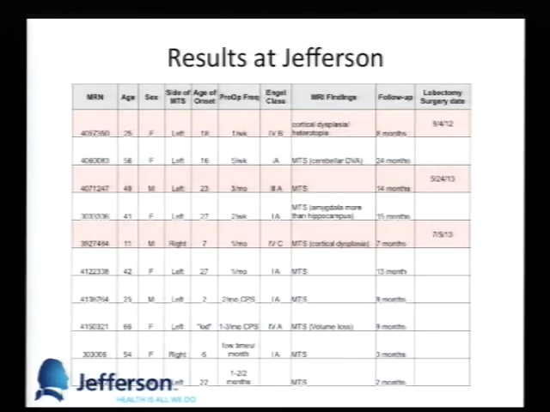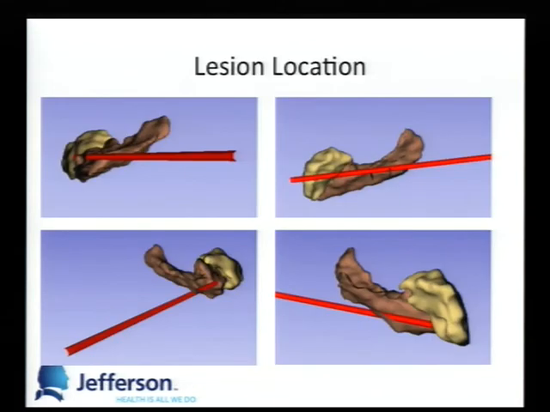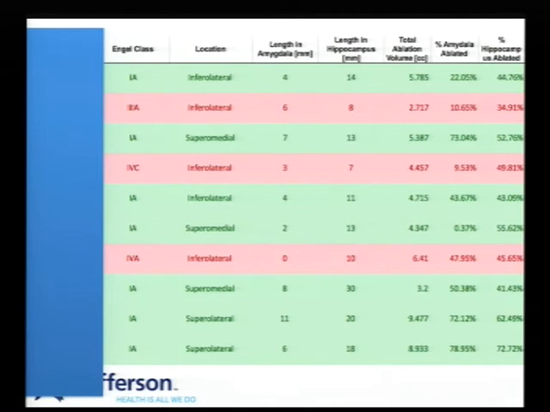So these were our first 10 patients. You can see the location of the electrode. I created an arbitrary scheme where I put quadrants inside the amygdala and the hippocampus to try to quantify, did I get more of the superior or inferior hippocampus, medial versus lateral approach?